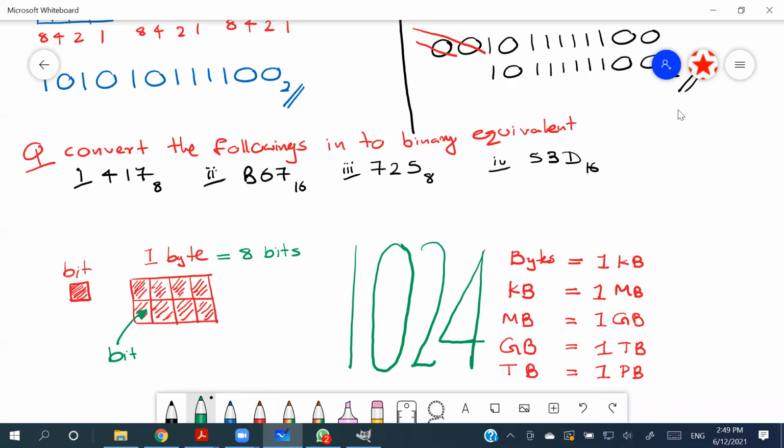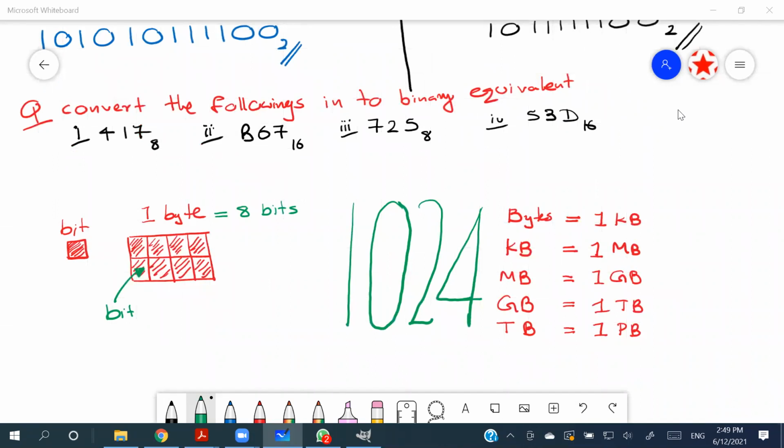So 1024 bytes will give you 1 kilobyte. Likewise, 1024 kilobytes will give you 1 megabyte. Likewise, it's going to change. Got this, people? Yes, everyone? Yeah, PB stands for petabyte. We are going to write it in detail. Don't worry, right?